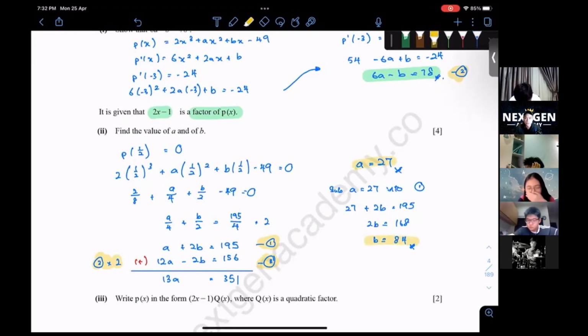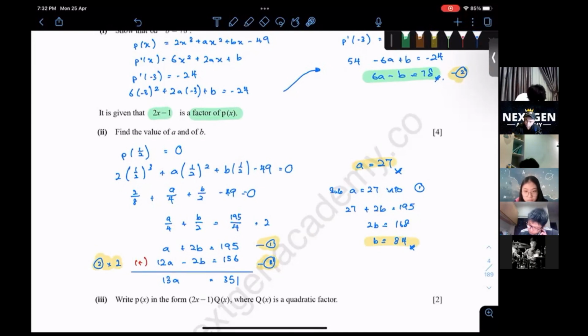Okay, so I think this is just a small revision also. Where did the 12a minus 2b equals 156 come from? Okay, from here. See here? This was the first equation, from the first question, 6a minus b equals to 78. Reason why I multiply it by 2 is because I want to do elimination here.